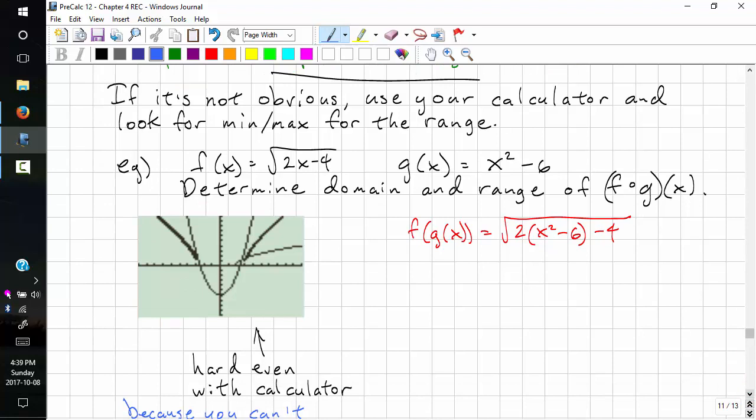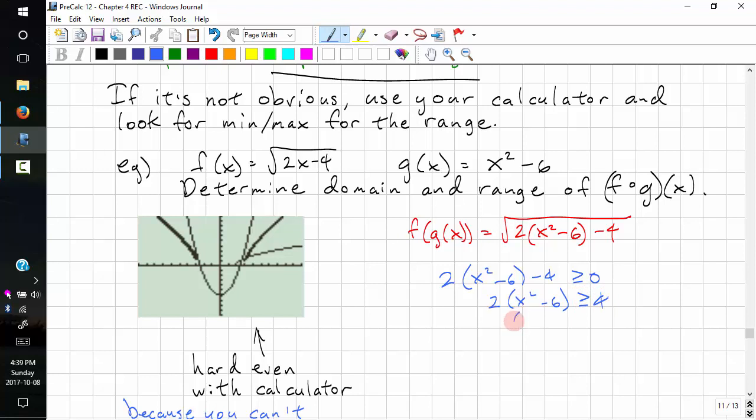So we know that the domain must be the radicand greater than or equal to 0. Radicand greater than or equal to 0. We have 2 times x squared minus 6, minus 4 greater than or equal to 0. We move the 4 over to the other side. 2 times x squared minus 6 greater than or equal to 4.